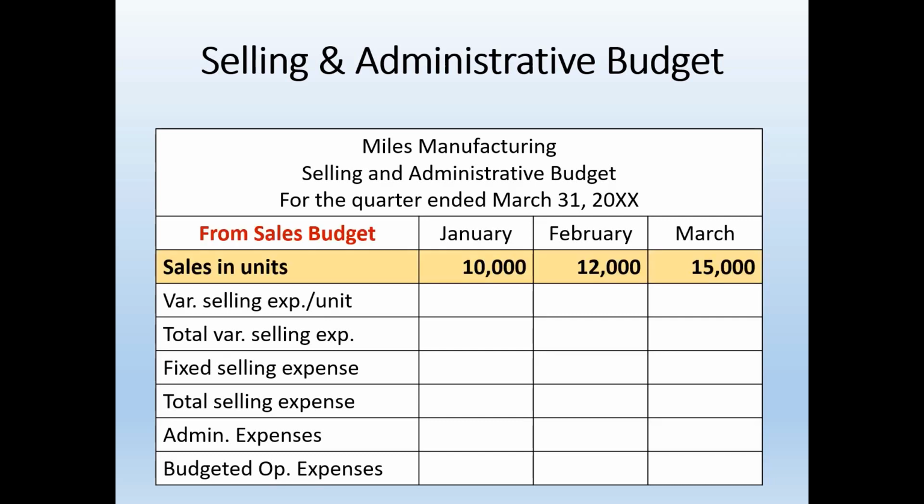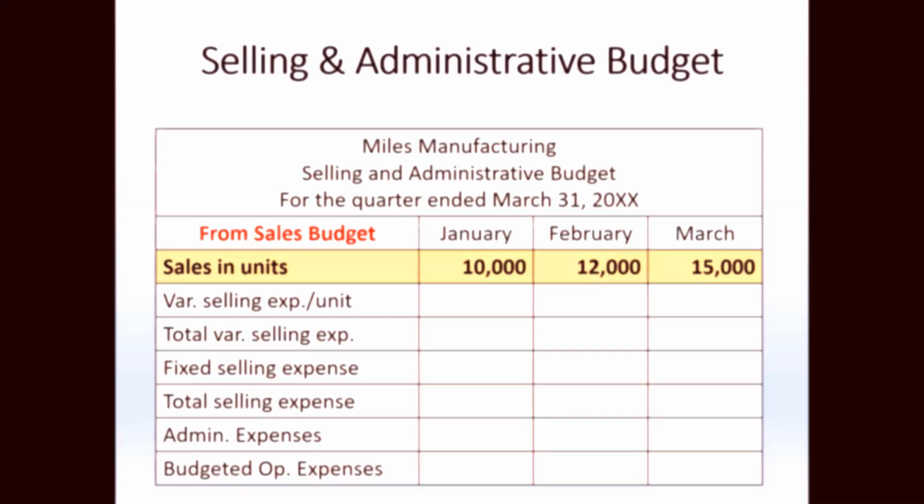So we have to go back to the sales budget that we prepared in Part 1 to find out how many units the firm expects to sell in each month.